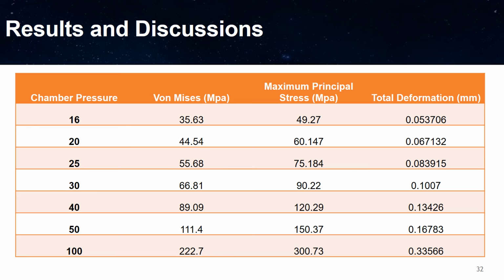However, none of the stresses here are worrying for redesigning the injector, because most of these stresses are at stress concentration zones, and the median stresses are way lower than the actual maximum stress.